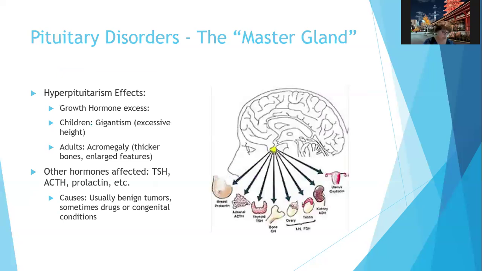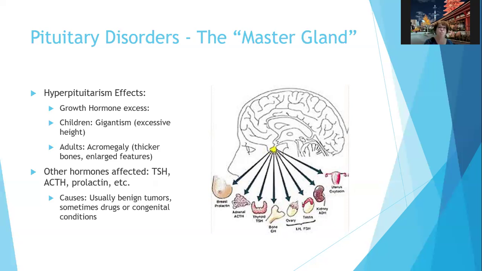So, pituitary disorders. The pituitary gland is called the master gland because it secretes a lot of different hormones that affect other endocrine glands. The pituitary gland can be dysfunctional due to congenital conditions. Tumors, either benign or metastatic, are one of the most common causes of pituitary disorders, or it could be the reaction to some drugs.